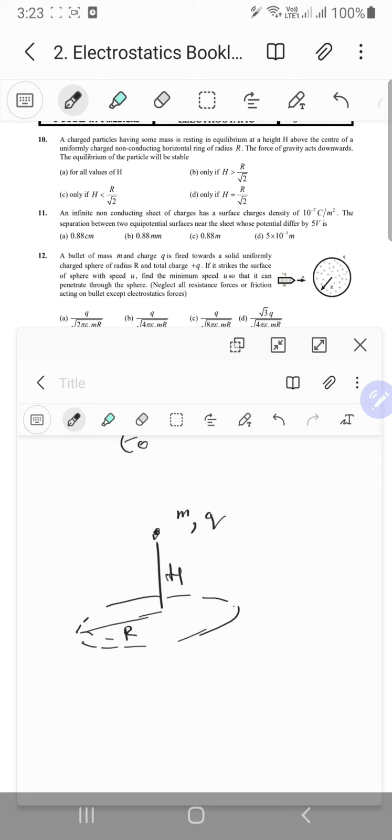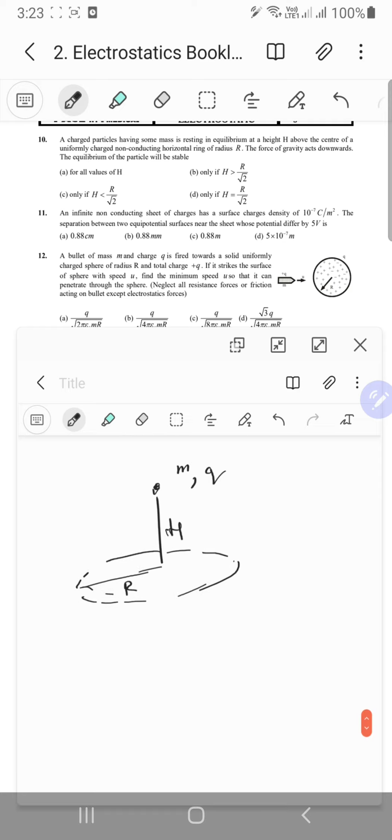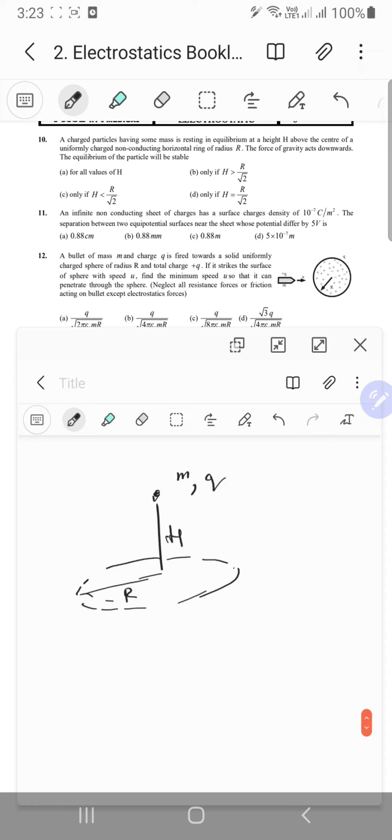It's not conducting. Well, that doesn't even matter because it's just there. What can it even do? It's not inside the ring or anything. The force of gravity acts downward. Okay, that we know. The equilibrium of the particle will be stable. Okay, it will be stable.